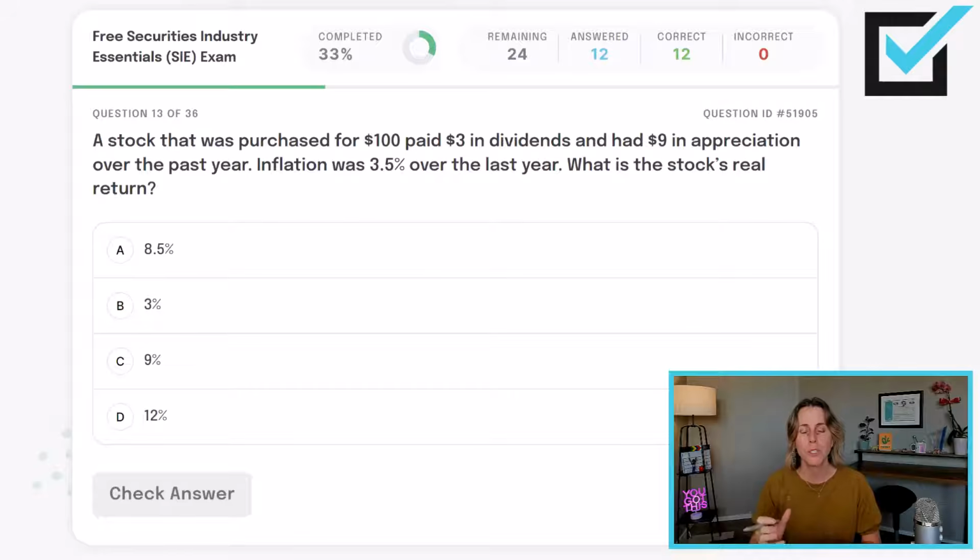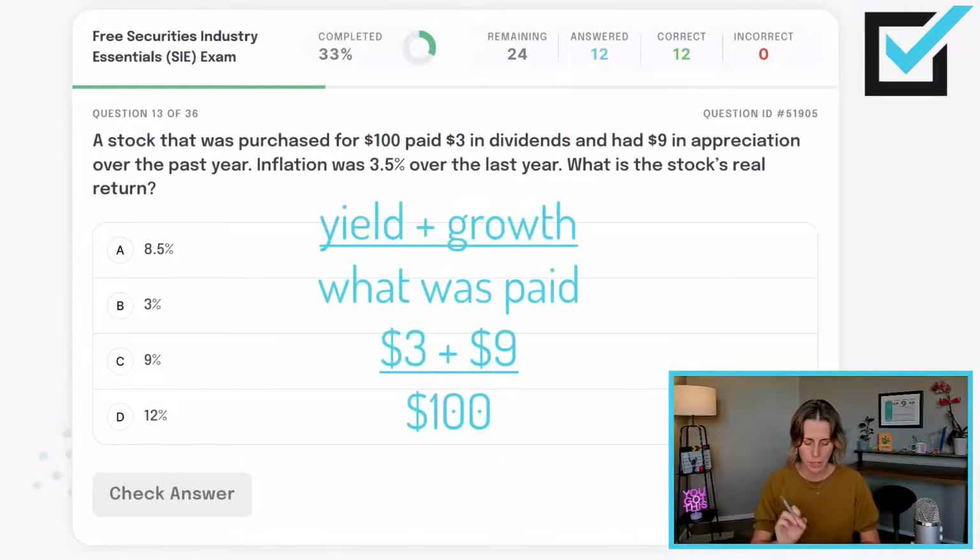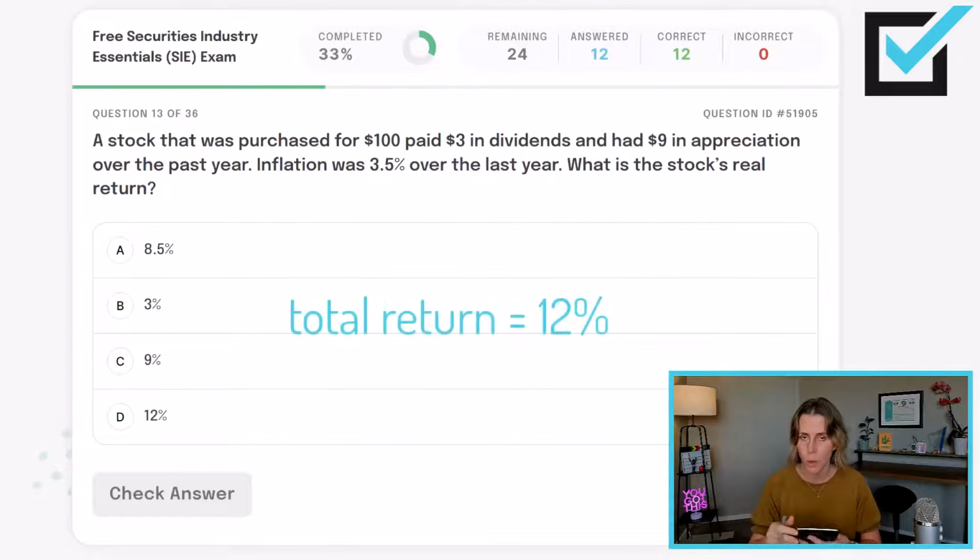So we have to do first what's called total return, which is yield, which is $3 in dividends, plus growth or appreciation, which is $9. And we take the $12 and we divide it by what was paid for the stock. So $12 divided by $100. Oh, we can eyeball this, but don't do that. Just trust me and use a calculator. So far, we have total return of 12%.